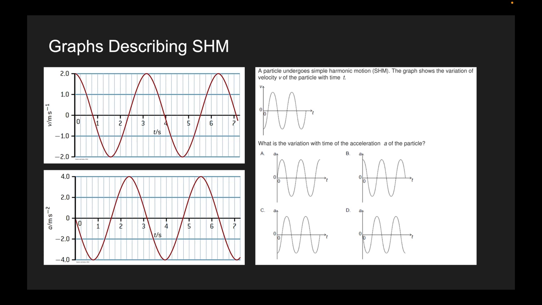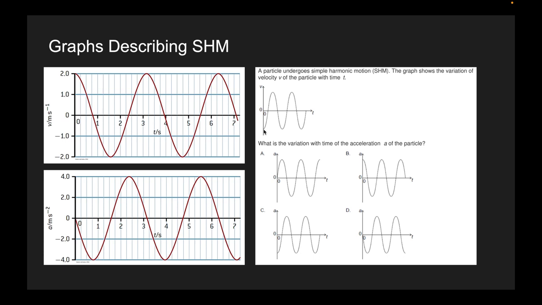Here is the question from past papers. A particle undergoes simple harmonic motion. The graph shows the variation of velocity v of the particle with time t. What is the variation with time of the acceleration of the particle? In this question, the velocity is maximum at time 0. Therefore, acceleration should be 0 at time 0.